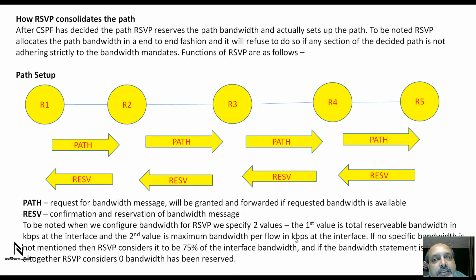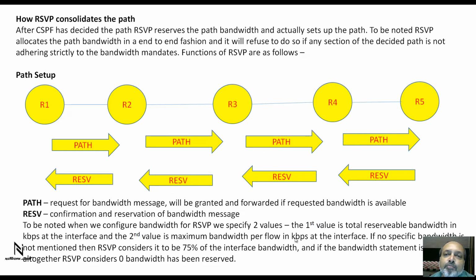Because say the interface is 100 Mbps and you have specified the RSVP reserved bandwidth to be 200 Mbps, then definitely that MPLS TE tunnel will not come up, because RSVP will fail to preserve that amount of bandwidth from a 100 Mbps interface.